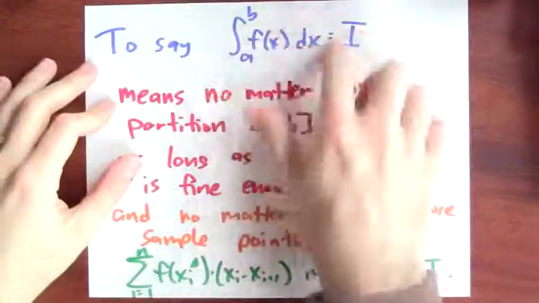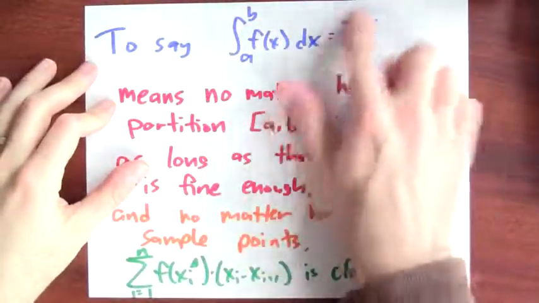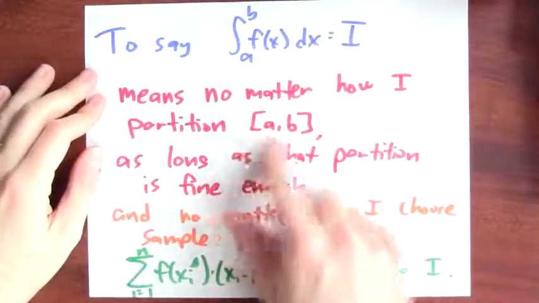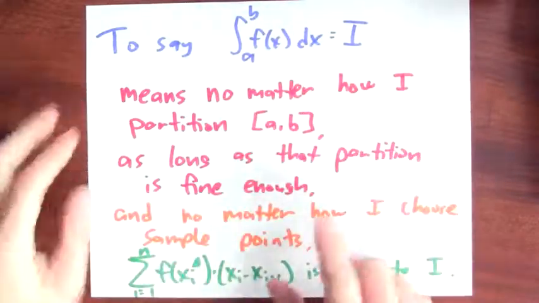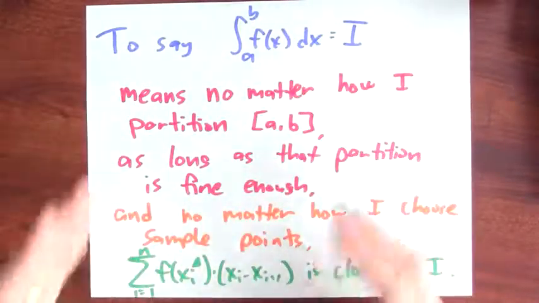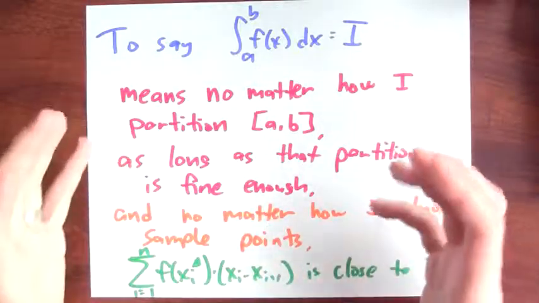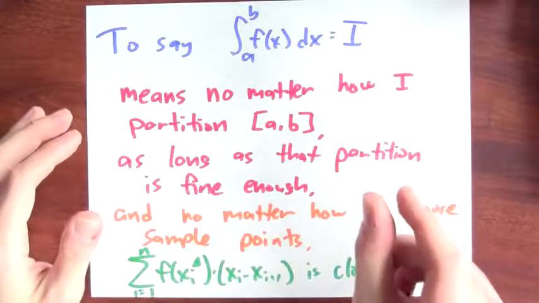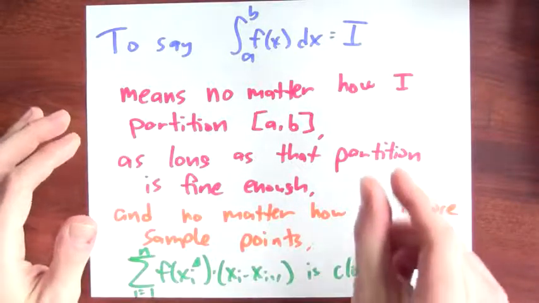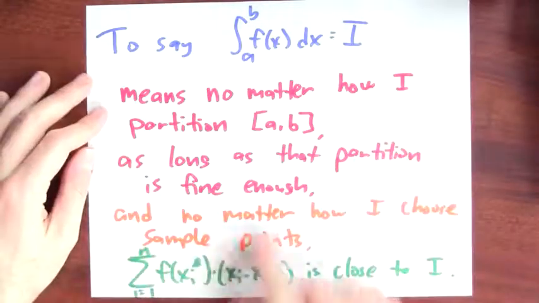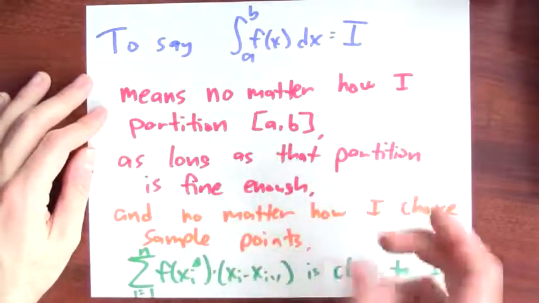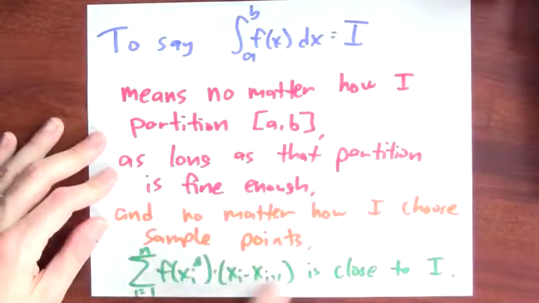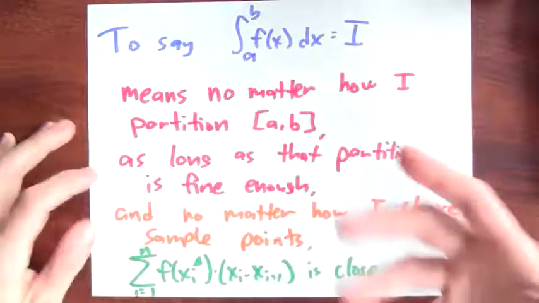If I were to claim that the integral of f from a to b is equal to some number big I, what that means is that no matter how I partition the interval from a to b, as long as that partition is fine enough, right, as long as the maximum width of any rectangle in my skyscraper picture is small enough, as long as the widest one is thin enough, then no matter how I choose those sample points within each of the subintervals in my partition, the resulting Riemann sum that I calculate is close to I. How close?